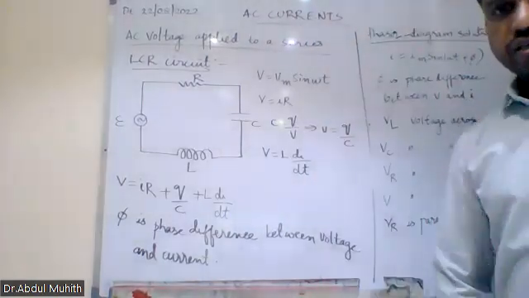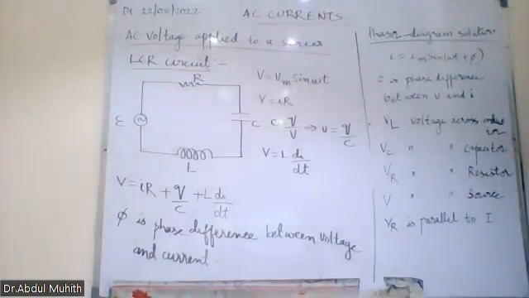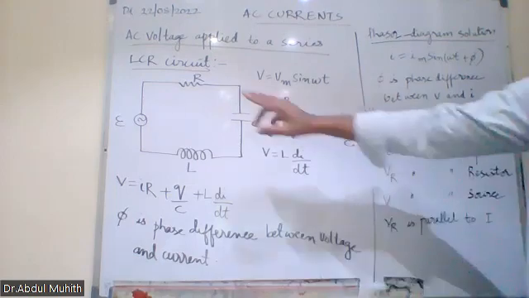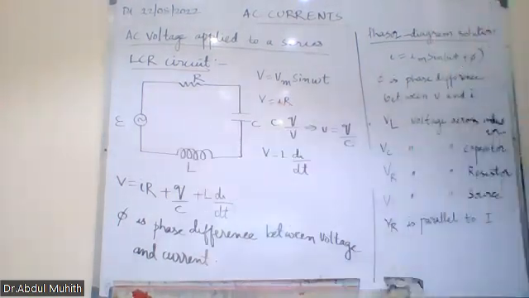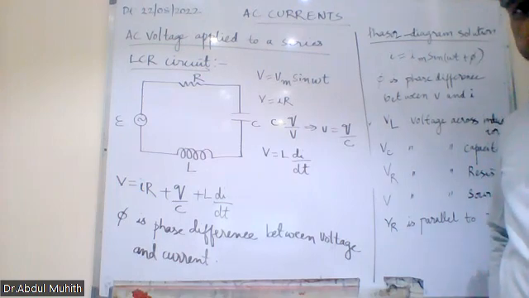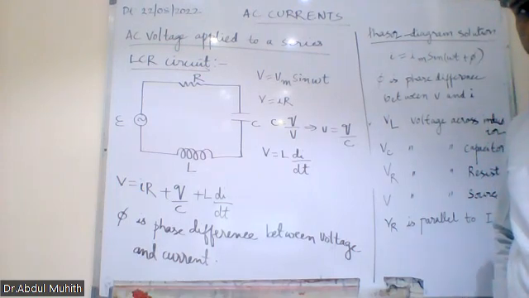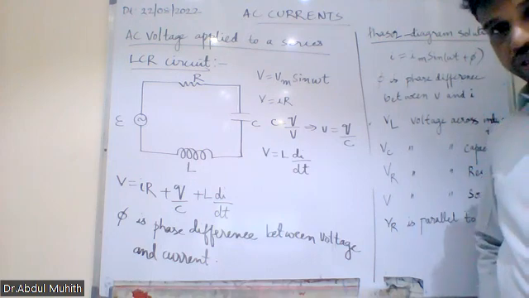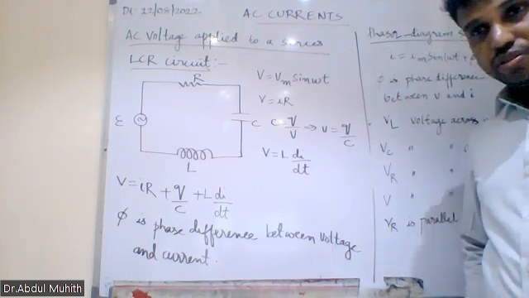See here. What will happen when a resistor is connected in AC? Is the current leading, lagging, or in phase with the given voltage?